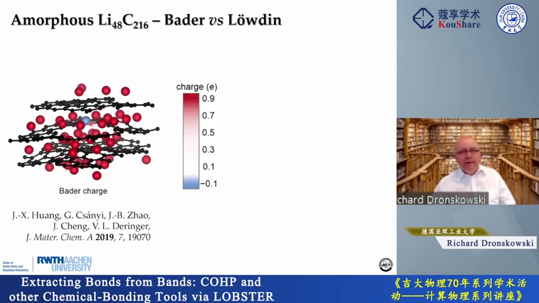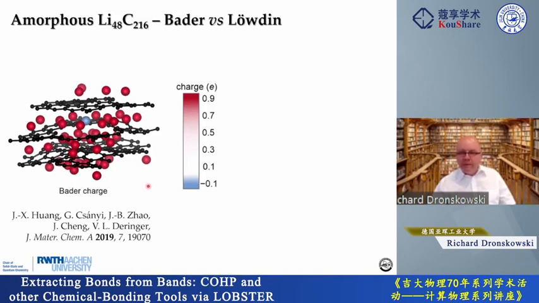But there's one lithium atom which is negatively charged. And this is pure nonsense. This is chemically as well as physically impossible, because carbon is far more electronegative than lithium. This is just nonsense, despite the fact that it has been calculated according to the Bader principle.